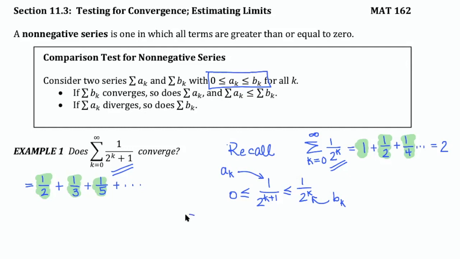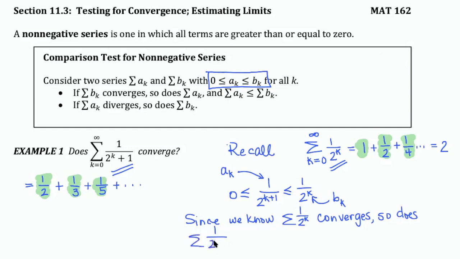So I would say something along the lines of, since we know the series based on 1 over 2 to the k power converges, so does the series based on 1 over 2 to the k plus 1.